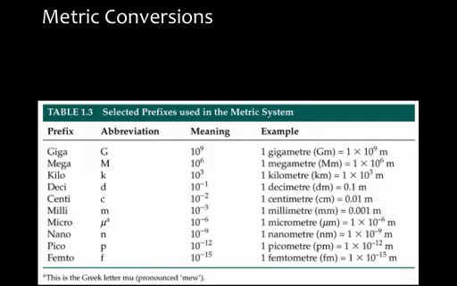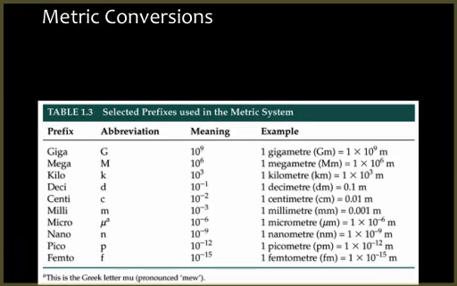Now when we use conversion factors, we will most likely be using metric conversions. So this is a table of metric conversions. We most commonly use the centimeters to meters, kilometers to meters, millimeters to meters. A couple other ones we might use, like the nanometer one.